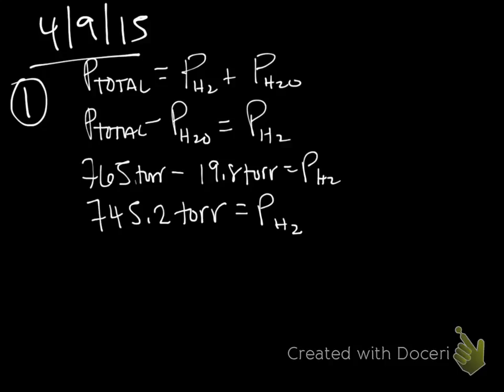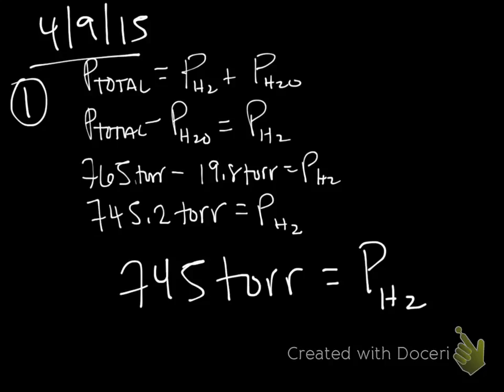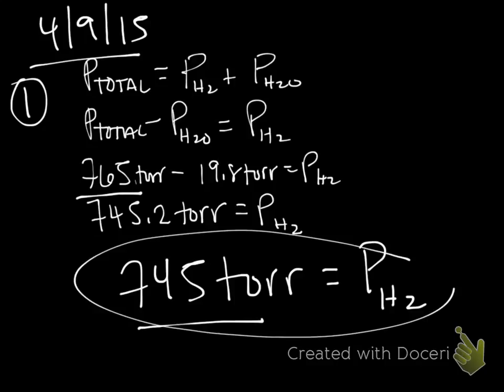So if we were using those rules, it would be 745 torr. If we look at the fact that this is addition and subtraction, and we go to the thing that has the fewest places behind the decimal, it's still 745 torr. So no matter what set of rules we use, the correct sig fig answer is 745 torr.